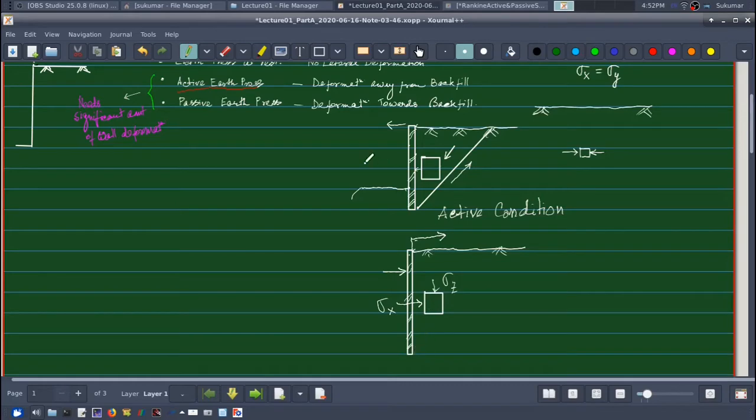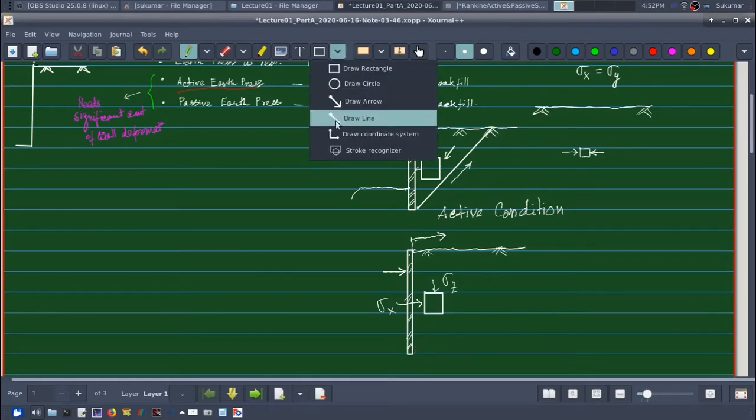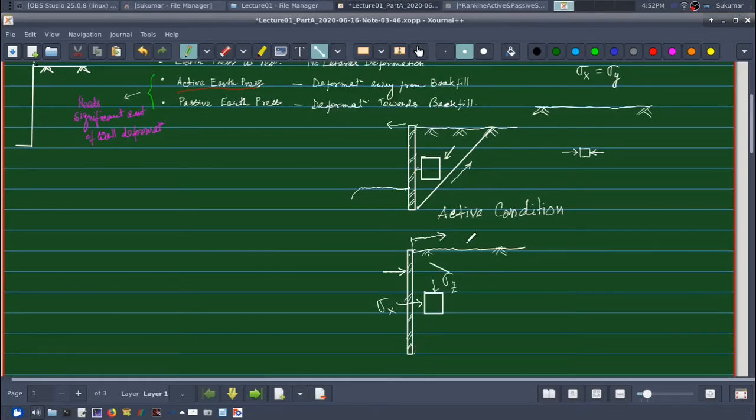A chunk of the soil near to the wall will move, will fail, and then will slide upward. All right, will slide upward in this case.